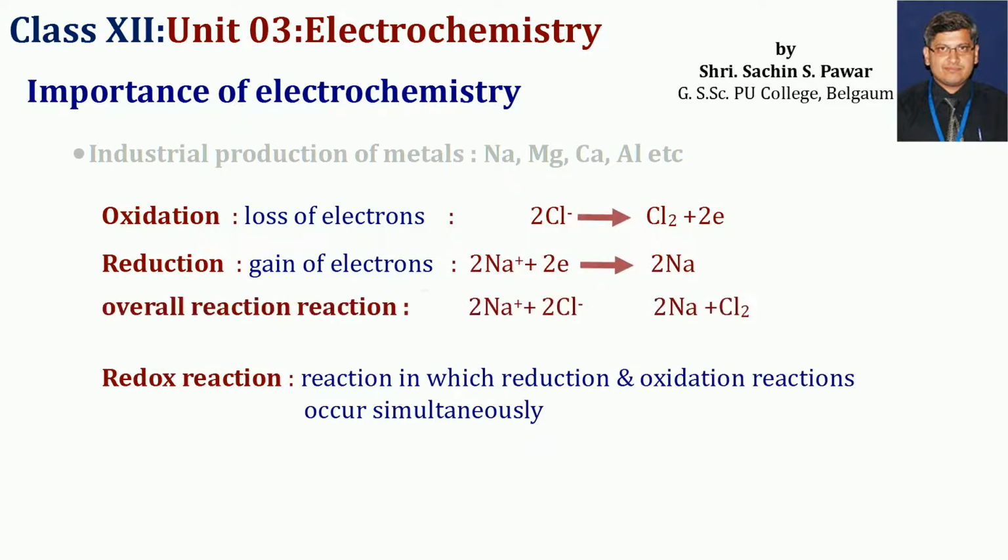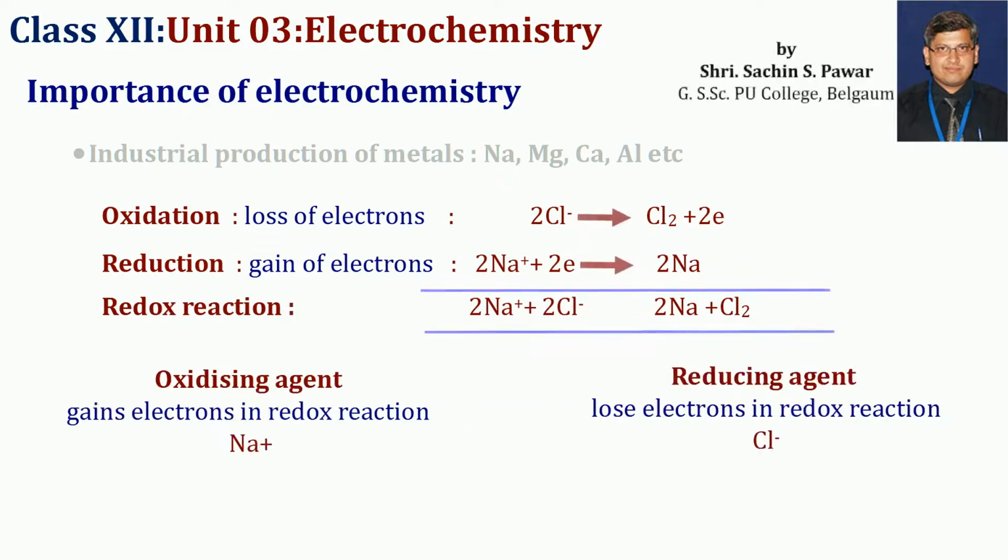A redox reaction is the reaction in which both reduction and oxidation take place simultaneously, and as you can see here, that happens. Therefore this is an example of redox reaction. In the present case Na plus ion is gaining electron, and the one which gains electron in a redox reaction is called the oxidizing agent, and Cl minus ion is losing electrons, and the one which loses electron is a reducing agent.